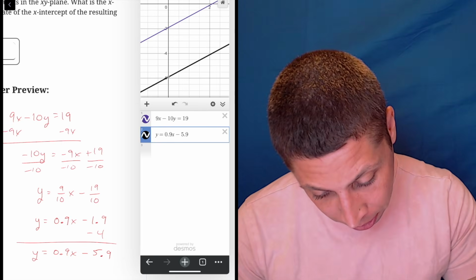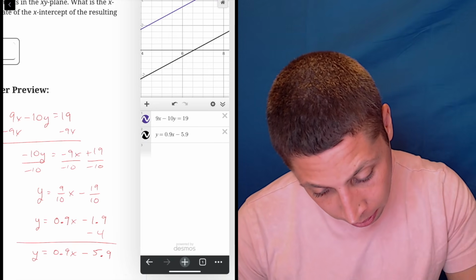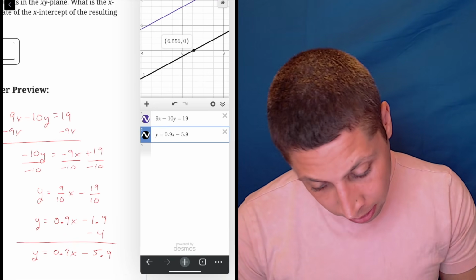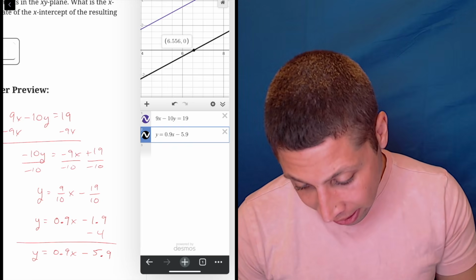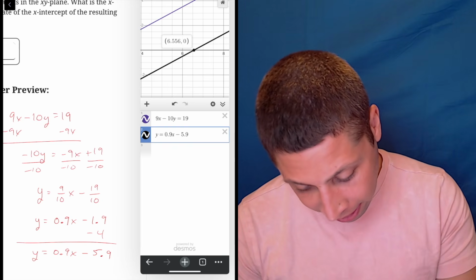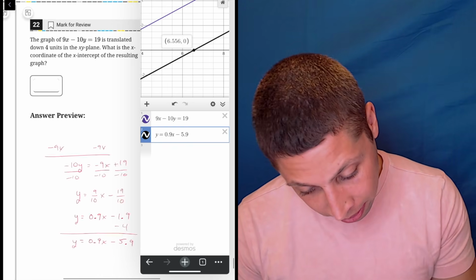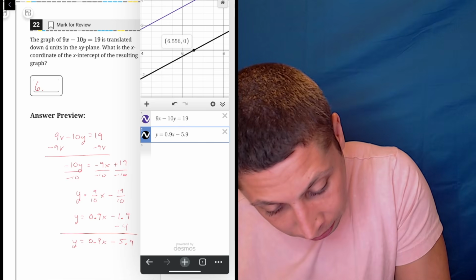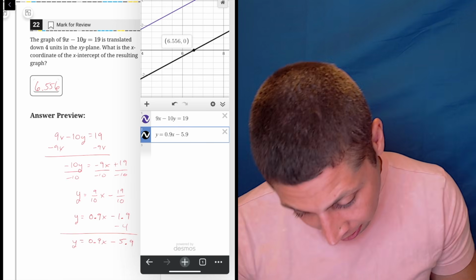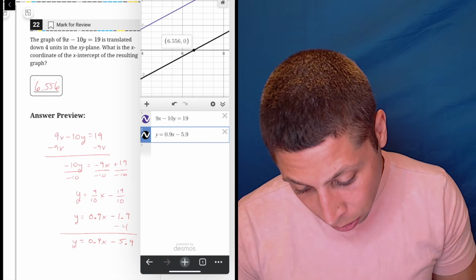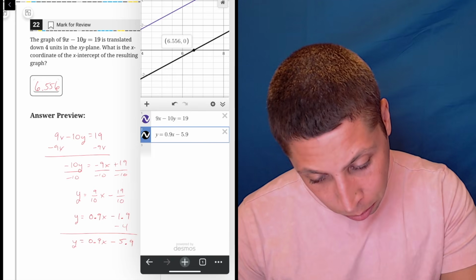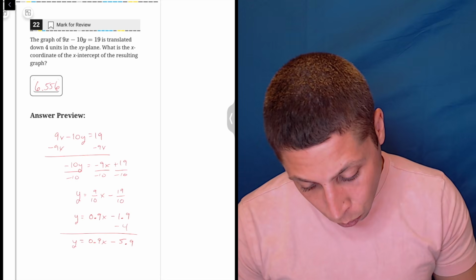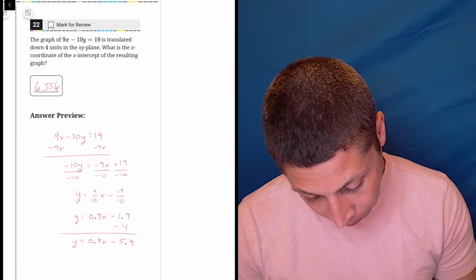So I want the x-intercept, so I can just kind of find it now. It's here. 6.556. Ugh, I don't like that that's a decimal. I guess that's probably right. 6.556. So what is the coordinate of the x-intercept? Let's see if I can do this algebraically. That's going to have a y-coordinate of 0.